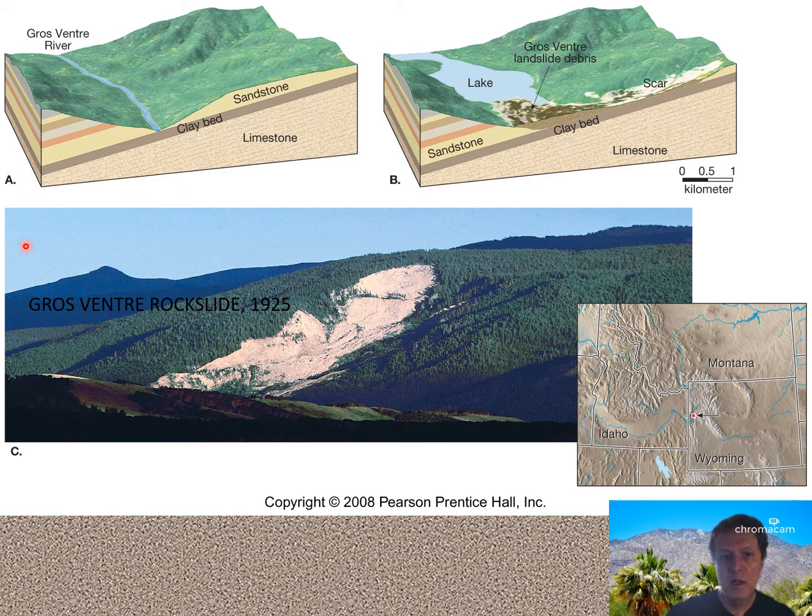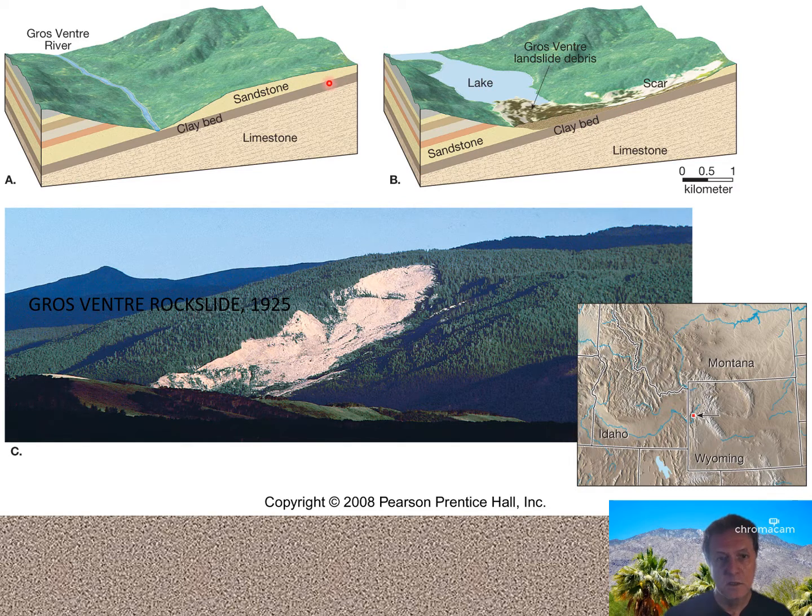Here's another example of a slope failure where you have tilted sedimentary layers, tilting this way from up to down this way. The clay bed is a plane of weakness. When they built a dam here, this created a lake. The lake saturated the clay bed and made it weaker.